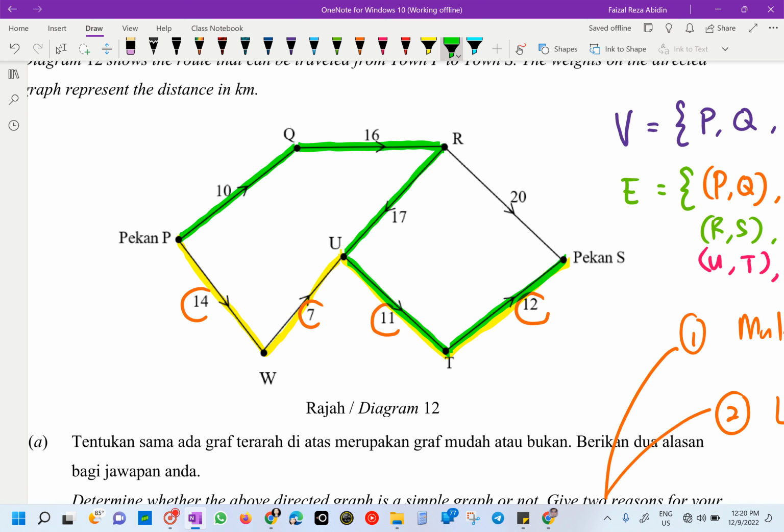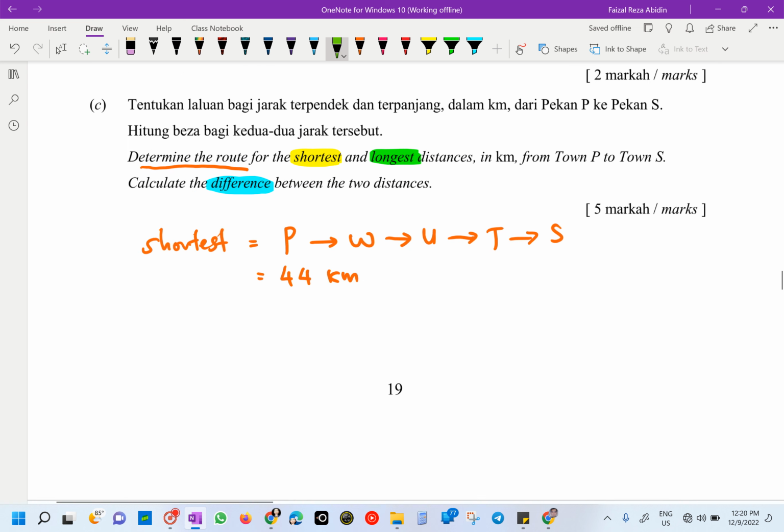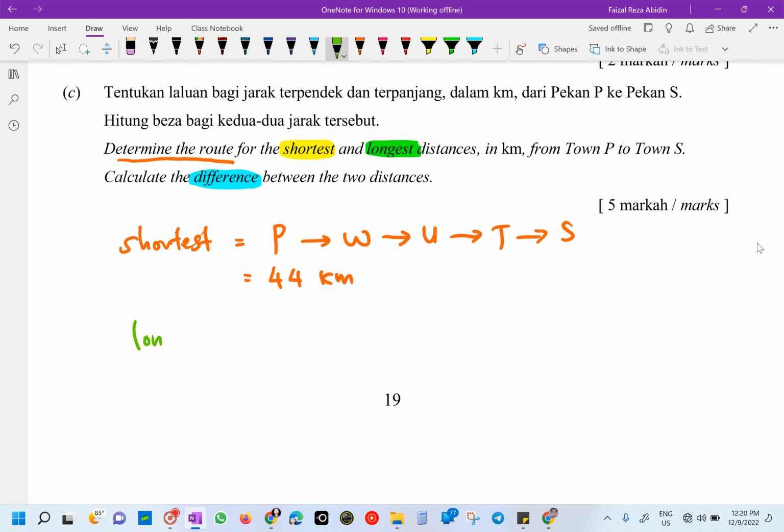For our longest here, you are going to have the sum of 10 plus 16 plus 17 plus 11 plus 12. You are going to get 66. So the longest route is P, Q, R, U, T and S, and the total here is going to be 66 kilometers.